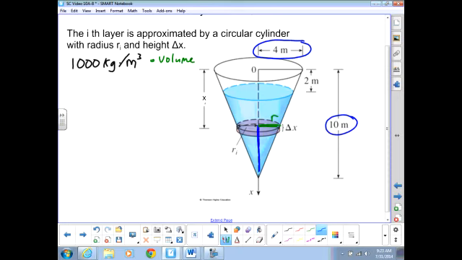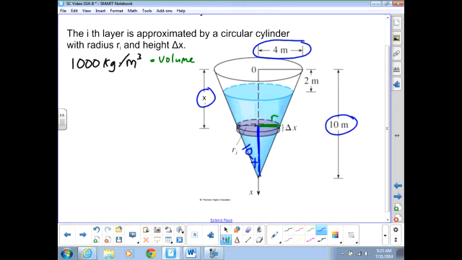And this length here, if the distance each slice takes to get to the top is x, that means this blue distance must be 10 minus x, because you're chopping off the x that it needs to get there from 10. What we have here is two similar triangles. We have the big triangle, which has a base of 4 and a height of 10, and we have our smaller triangle with a base of r and a height of 10 minus x.